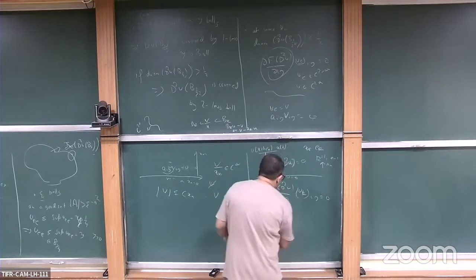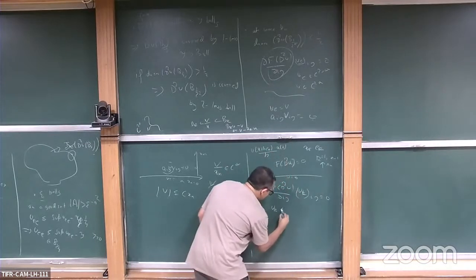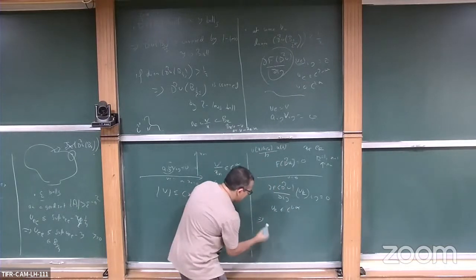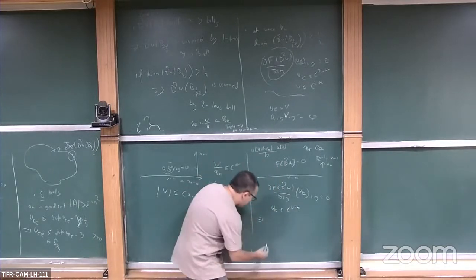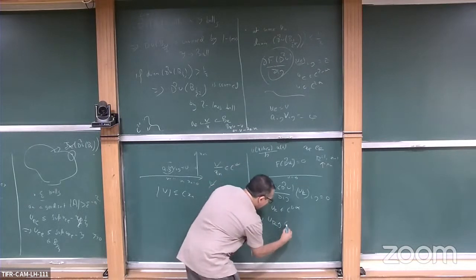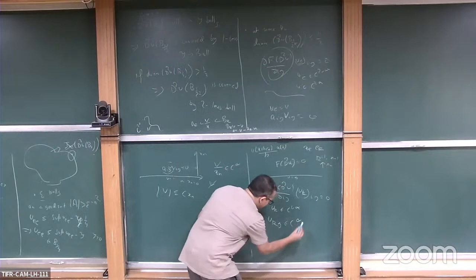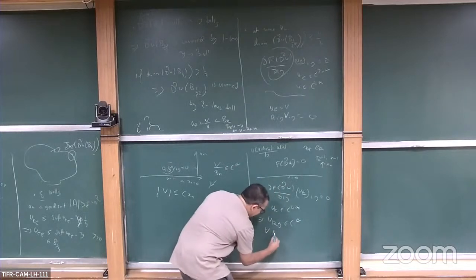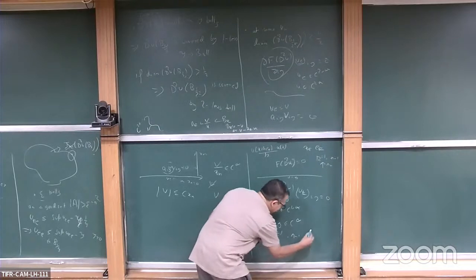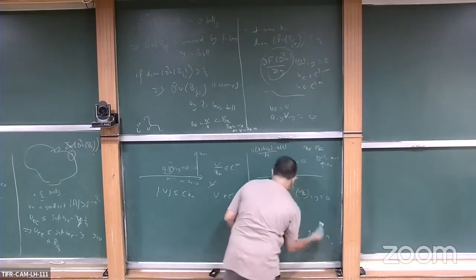So what I get is that u_k is in C^{1,alpha}, right? So this will tell me that first, what do I know? So I know that all the u_kj are in C^alpha for k equals 1 to n minus 1 and j equals 1 to n, right?